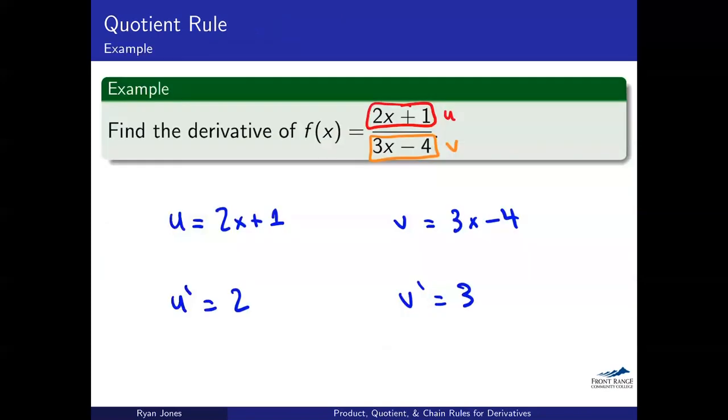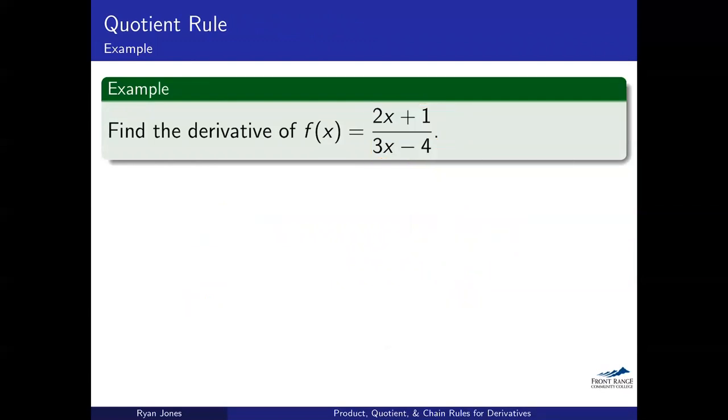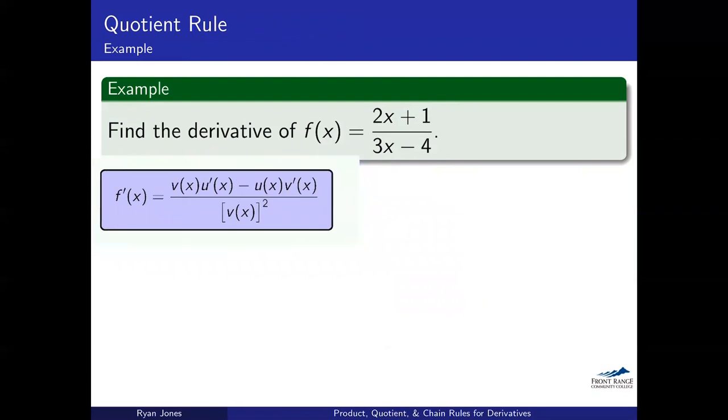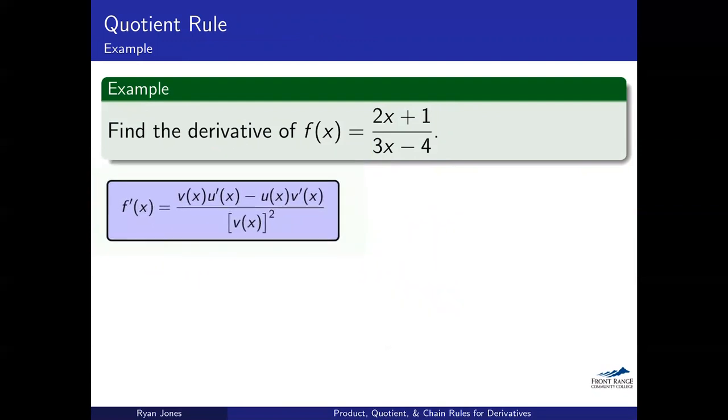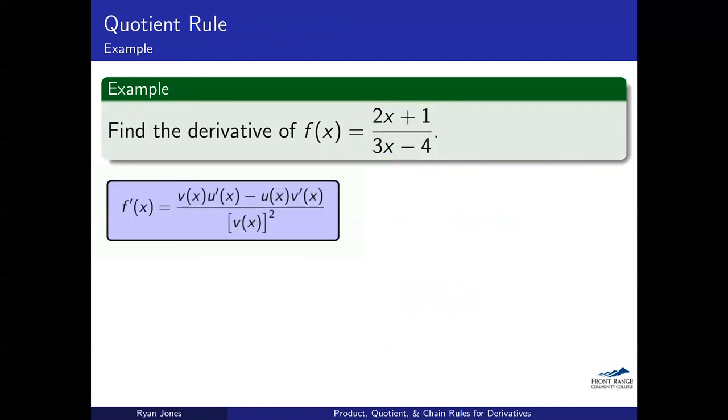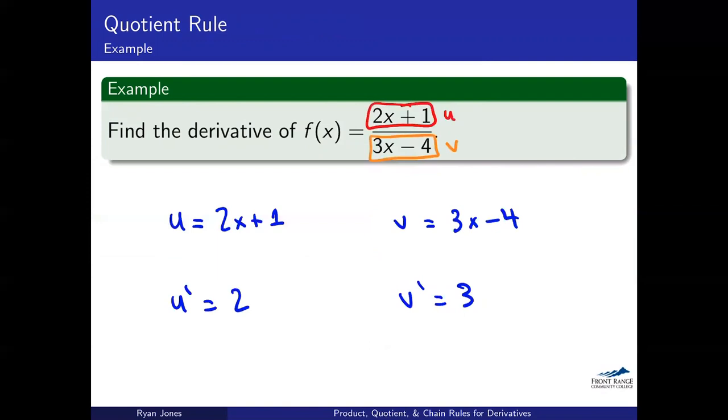All right, so here we've got our formula. And remember, we have our u, v, our u prime, and our v prime. So let's go ahead and copy that over as well.